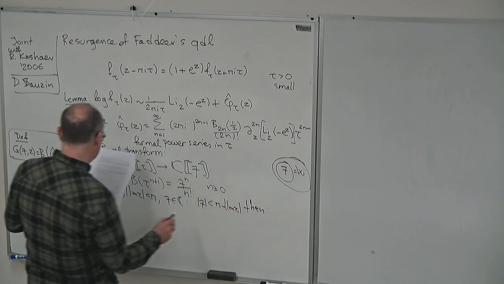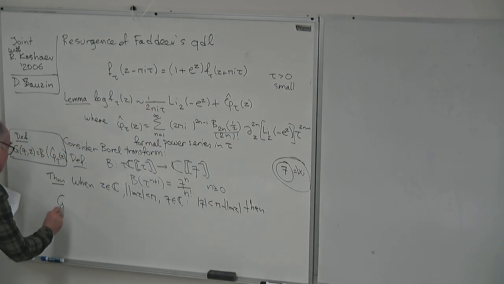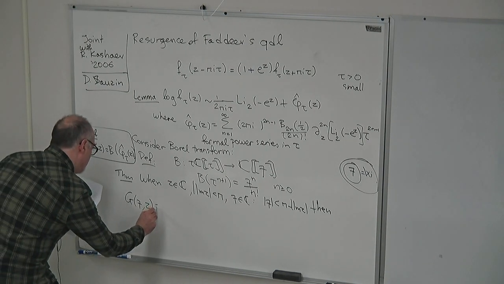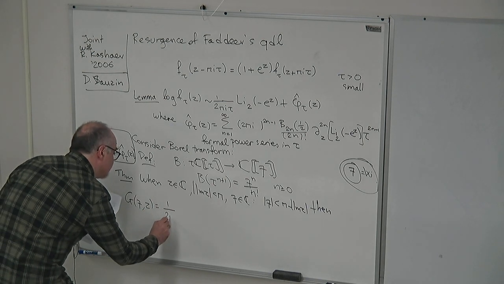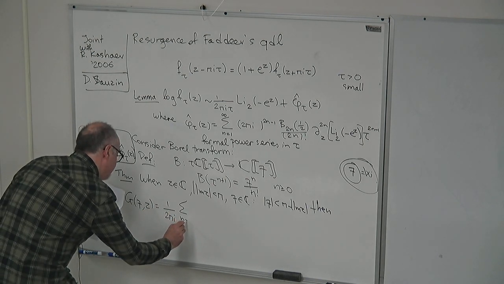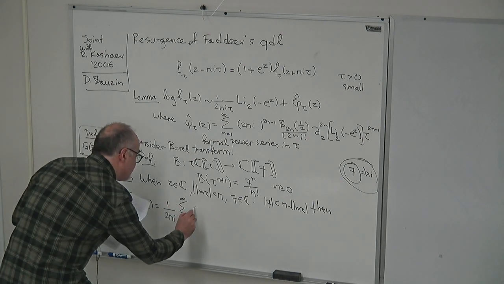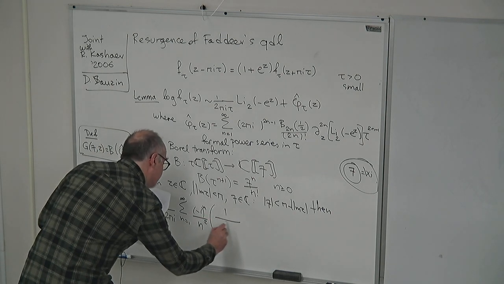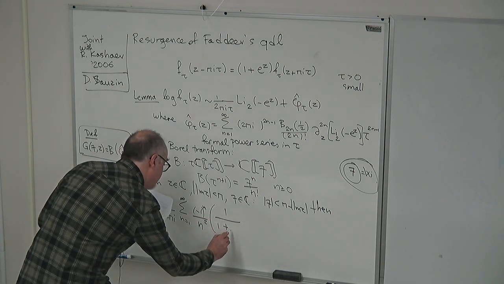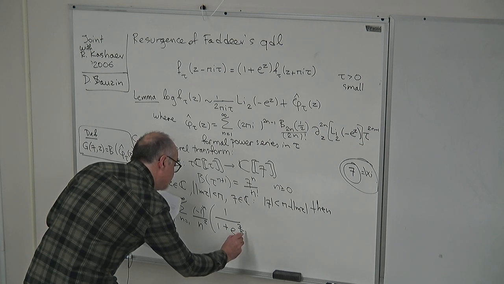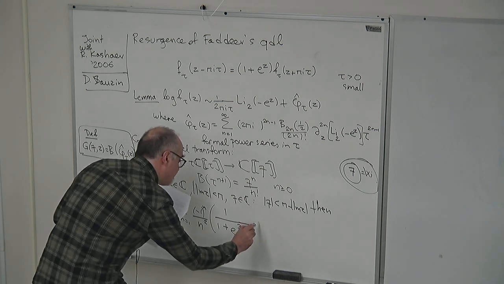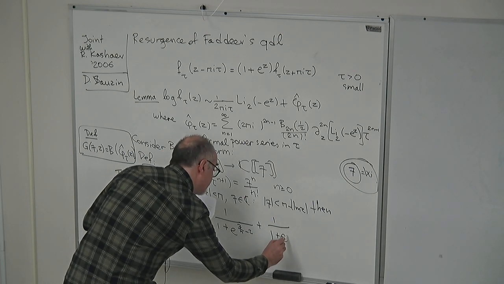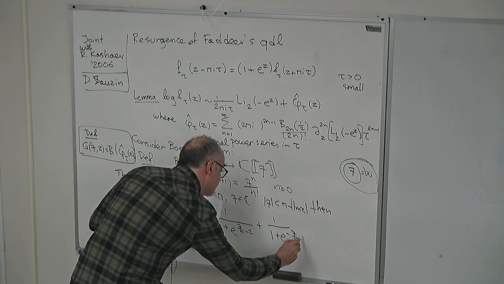Then, under these assumptions, we have an explicit formula for the Borel transform, which is 1 over 2 pi i, sum from n equals 1 to infinity, of minus 1 to the n over n squared, times 1 over 1 plus e to the xi over n minus z, plus 1 over 1 plus e to the minus xi over n minus z.